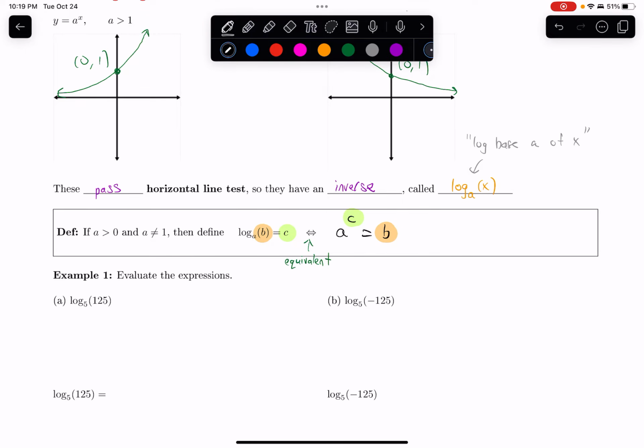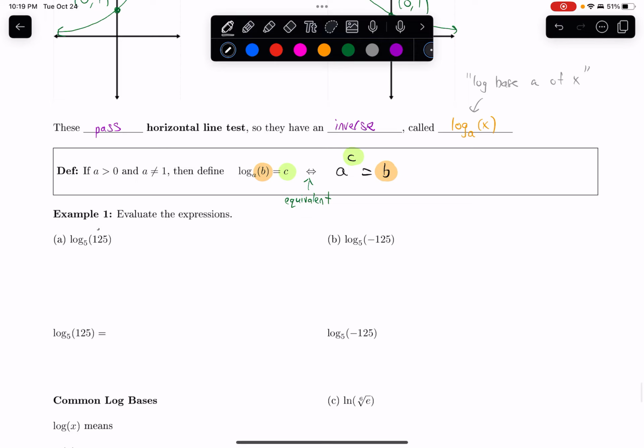In part A, I want to compute log base 5 of 125. Let's say I didn't know what this is. What I can do is let log base 5 of 125 be x.